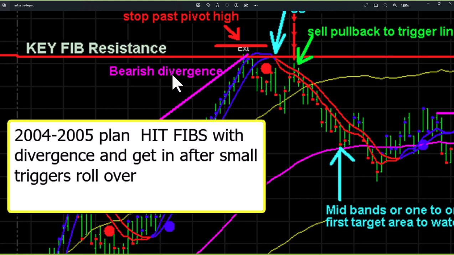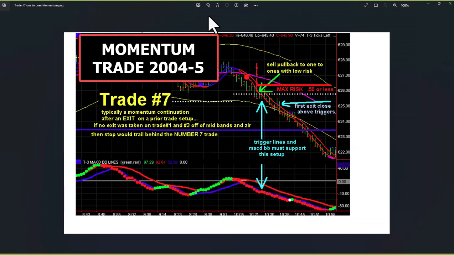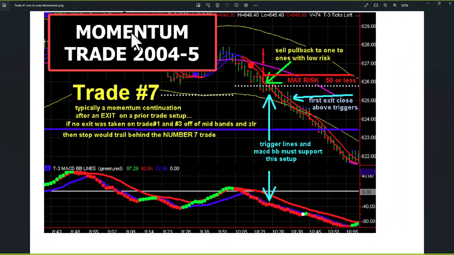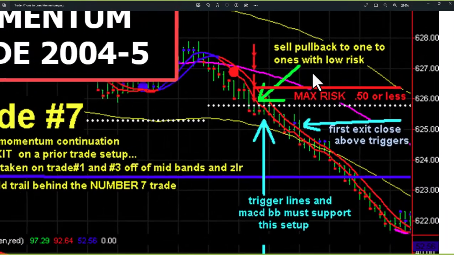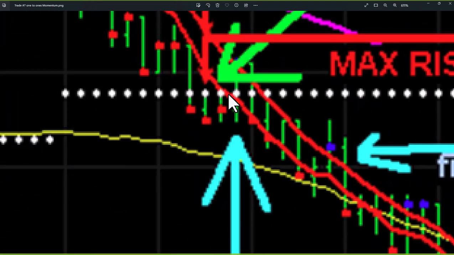The trick is making sure you got the right top or bottom. And they still don't always work, but most of the time they work pretty good. The other one, just for grins and giggles, in 2004, we also had a momentum trade through the 1-to-1s. The 1-to-1s were white then, they weren't yellow.